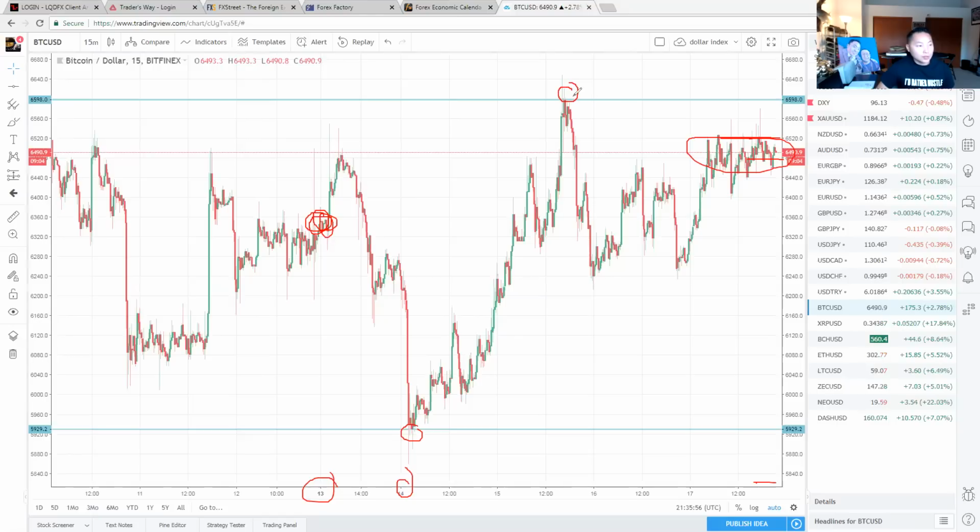So from 6,600 back down to 5,900, then you're looking at whether it can shoot even higher, because it's creating a higher price from the opening gap on Sunday. To be honest, there is no open gap, since crypto runs 24/7, but with this structure I'm just basing it off of Forex.